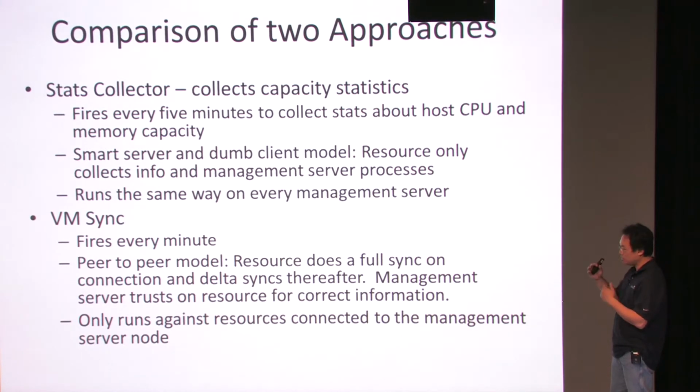This means all information about VMs on that particular host is returned back to the management server and compared to what was on the management server. And then from there on, it does what we call a delta sync. A delta sync means that only out-of-band changes actually get transferred back to the management server.